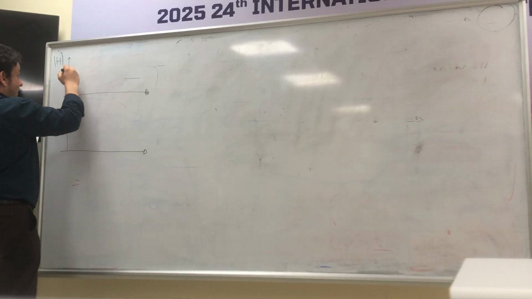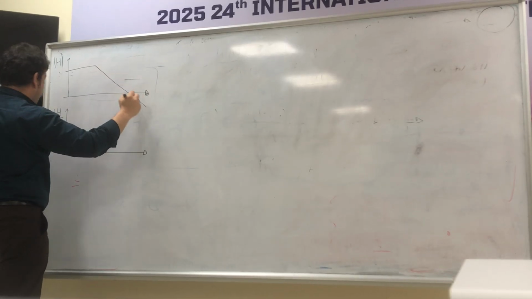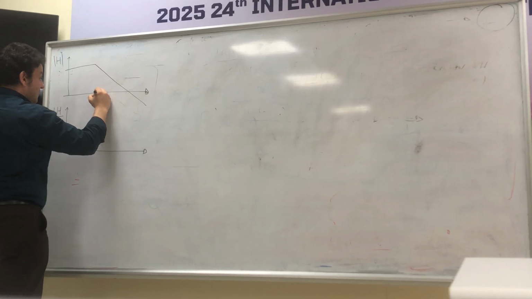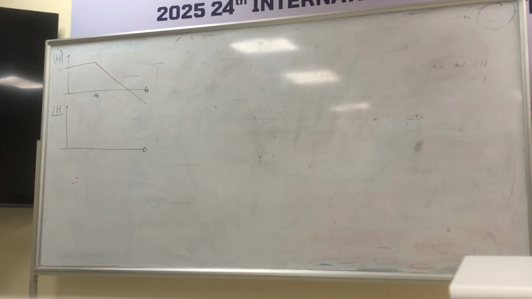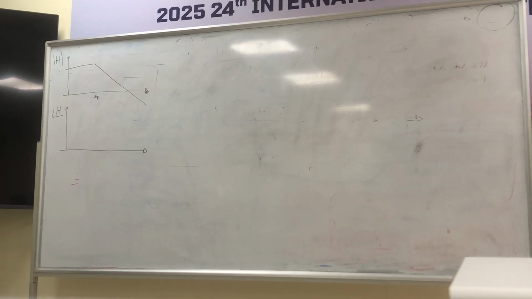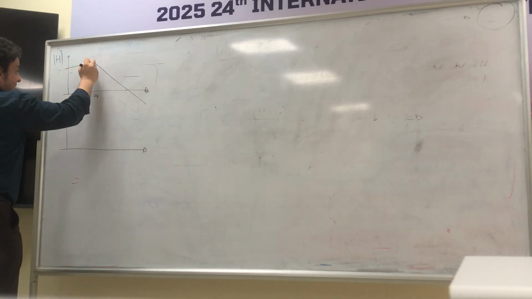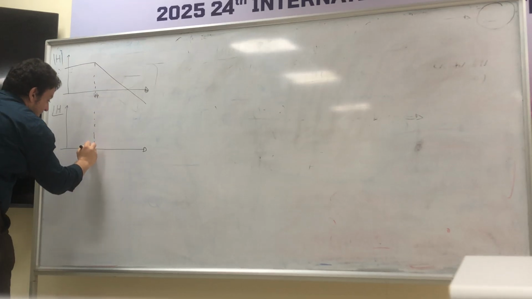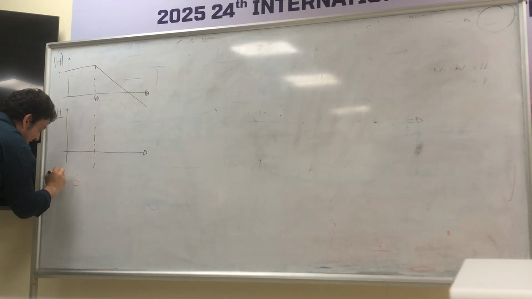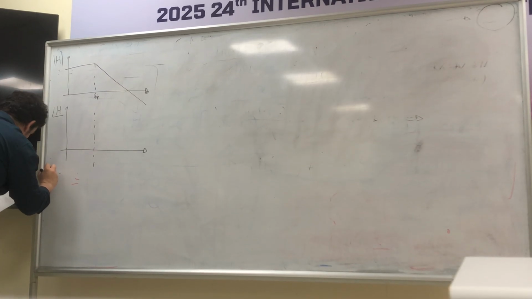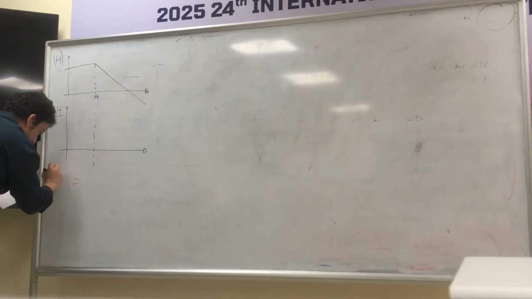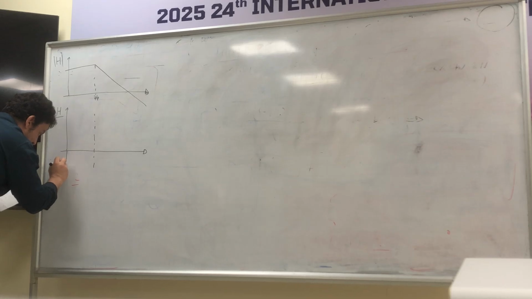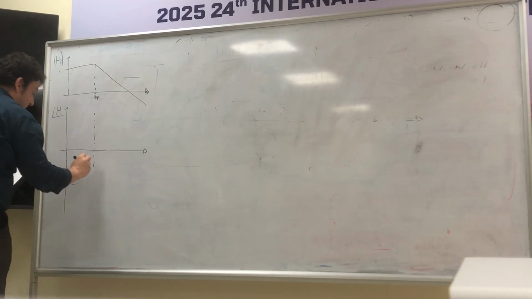Whenever we have a pole, what happens to the phase? At the frequency of the pole, we have a phase of minus 45 degrees, okay?